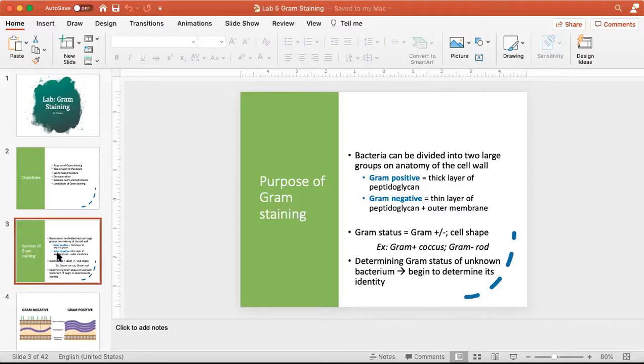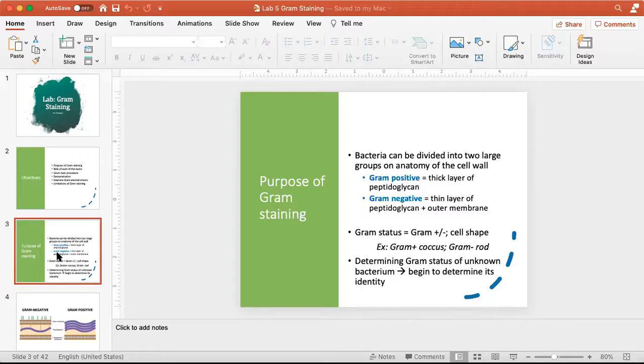So when we get samples into, say, a diagnostic lab in a hospital setting, one of the very first things we do is we grow these bacteria in culture, as we've been talking, and we then determine their gram status, because it's a feature of a bacterial species.